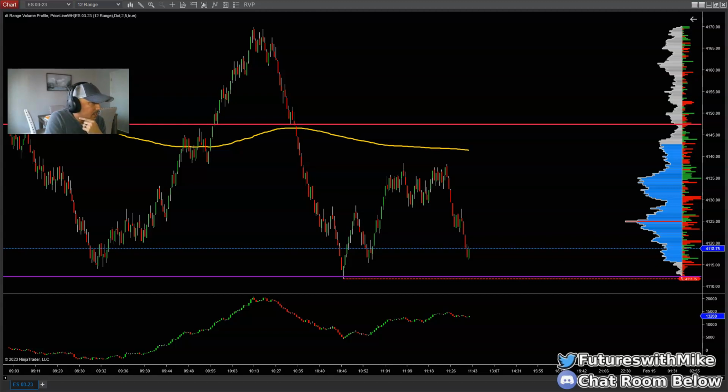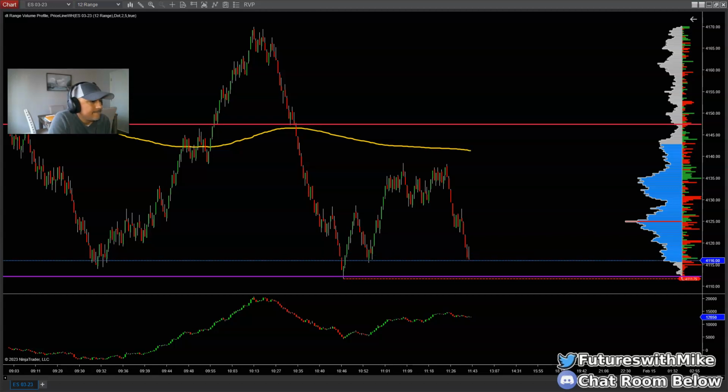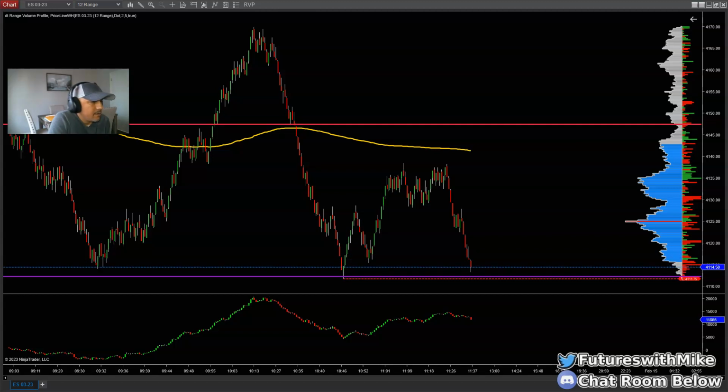Looking to see, is the market going to reject this area right here or not? Not sure. Nope, not yet. It's definitely not ready.